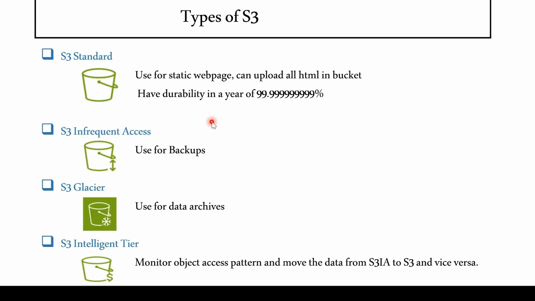Suppose I am creating a static website: all the main files, the dependent files and the configuration, I can store in my S3 Standard bucket. And this bucket has durability of 99.9 times 9, that is, 11 nines. So we can always store this kind of file data in our S3 Standard bucket.